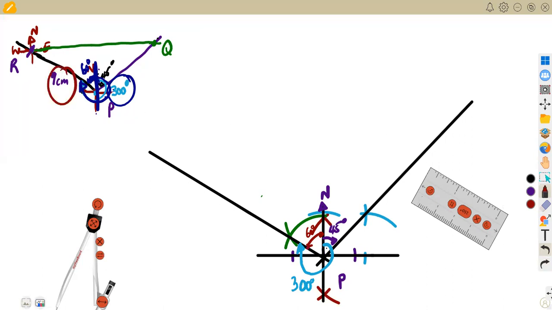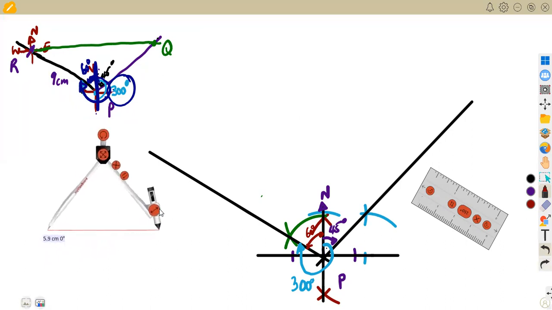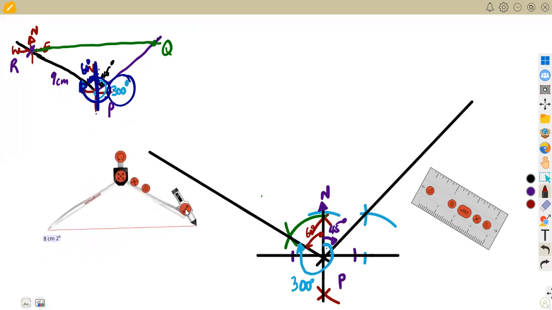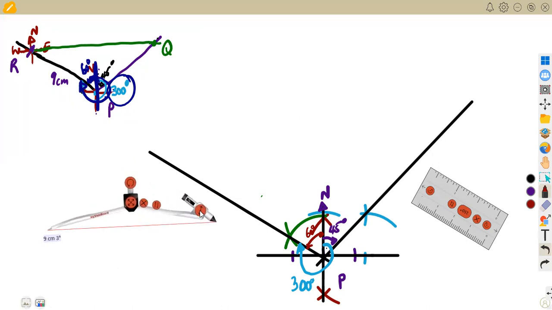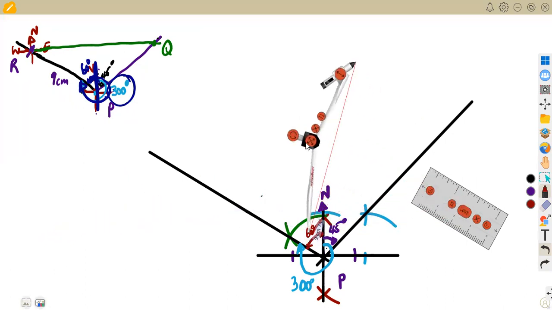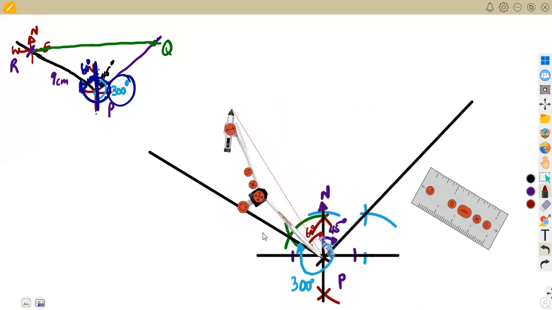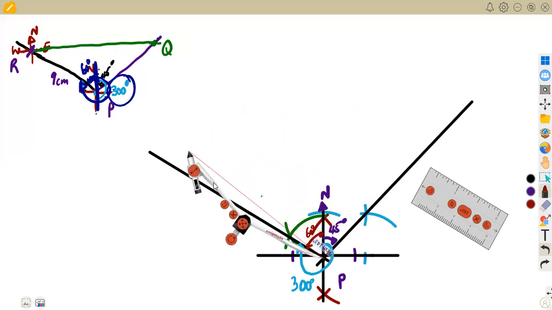So you take your compass and measure 9 centimeters on the ruler. Let's say this is my 9 centimeters. I'm going to mark this 9 centimeters from P, on this direction.